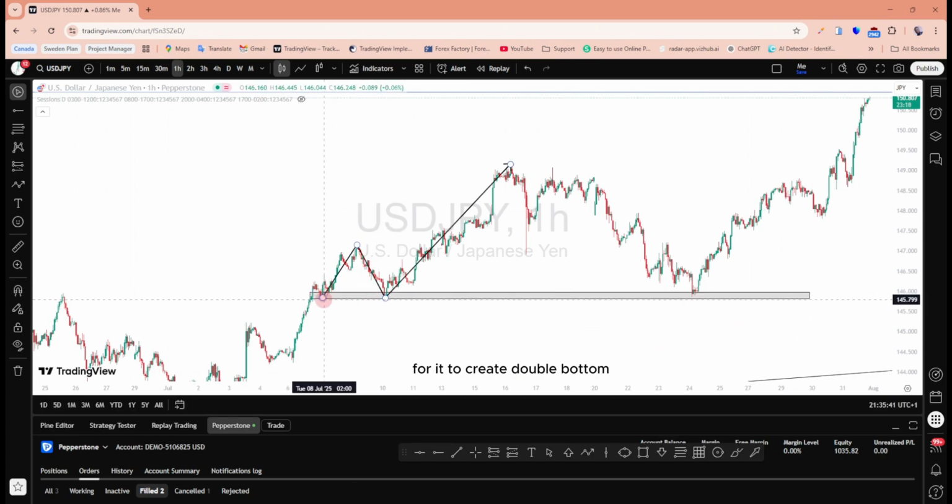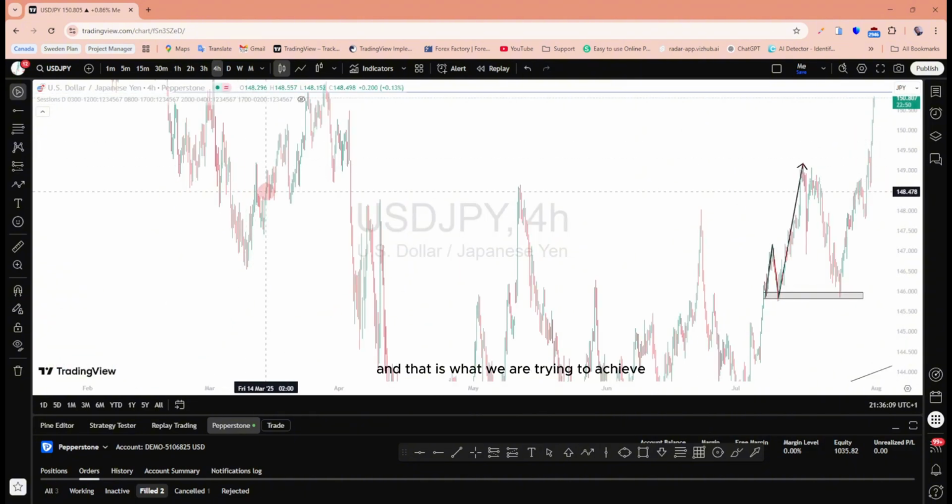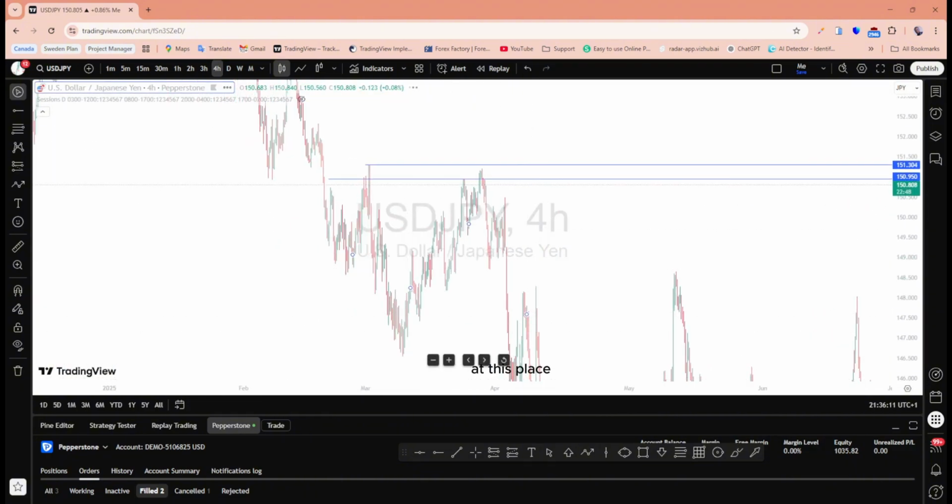For it to create a double bottom, the first bottom broke this high, created two highs again, sold, then retested that same bottom to give us this long wick. It tells you that if price starts selling, your best area to buy the market from again is still that same area, and that is what we are trying to achieve at this place.